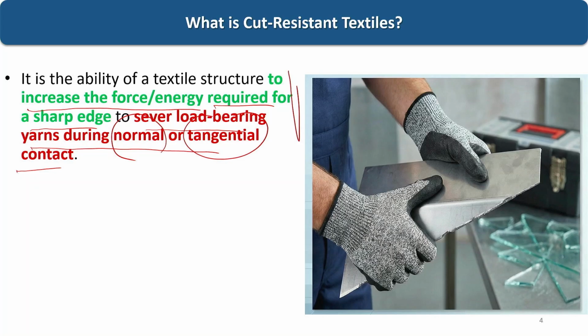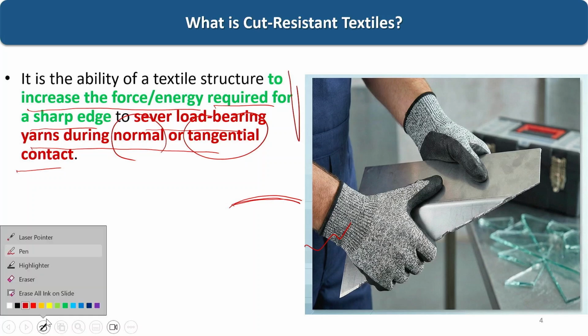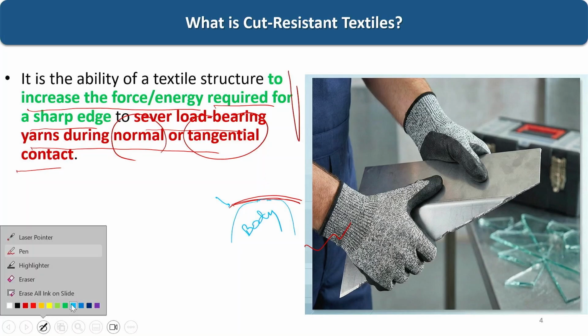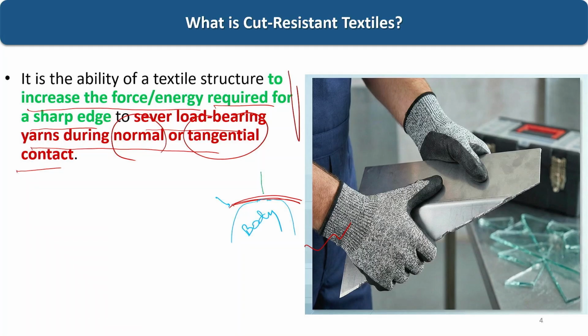During normal contact, say this is our cut protective textile material, and here is our body part. Any sharp object, like a knife, comes.